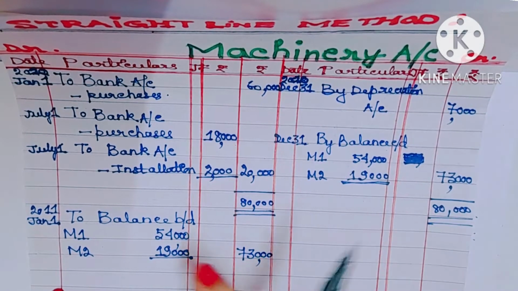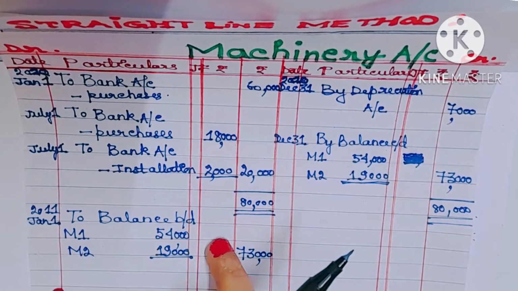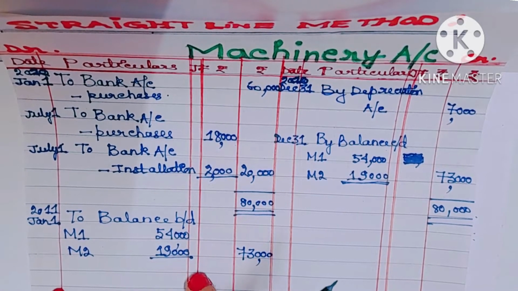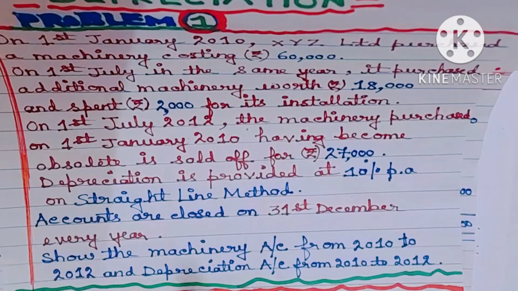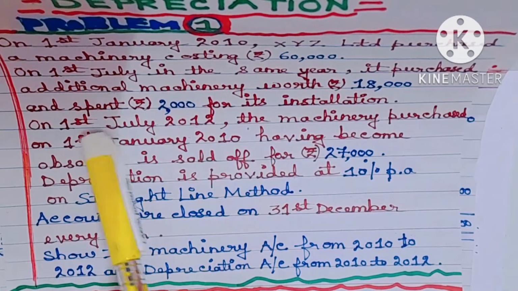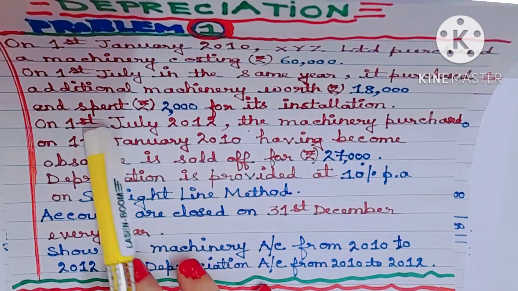Now, the book value of the first machinery, that is M1, is 54,000. So now the book value of the second machinery, that is M2, is 19,000. So now let's go through the problem again. Now see, in 2011 no machine was purchased. So there is nothing mentioned for 2011.